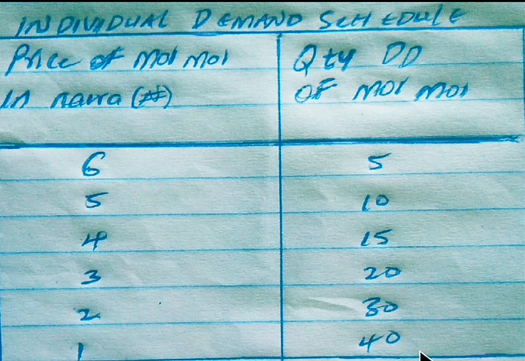Rising. Well, this is the case of what? Normal goods. It shows that at the price of 6 naira, the individual demanded 5 kg. When the price fell from 6 naira to 1 naira, the individual demander raised his quantity from 5 kg to what? 40 kg.